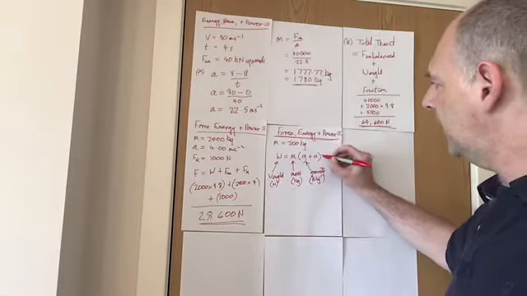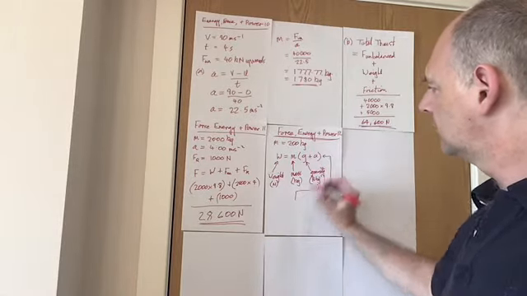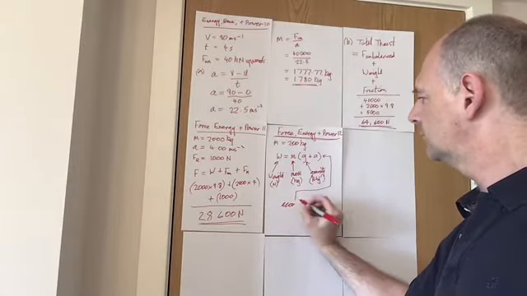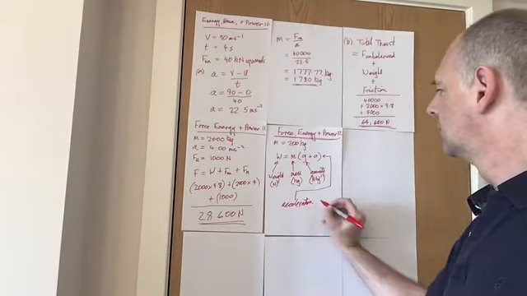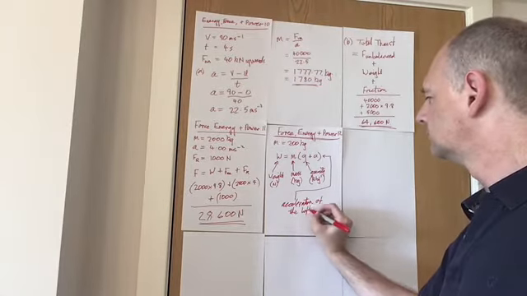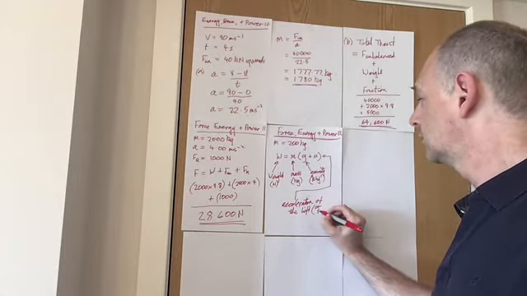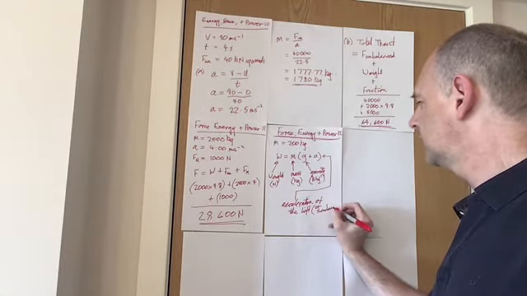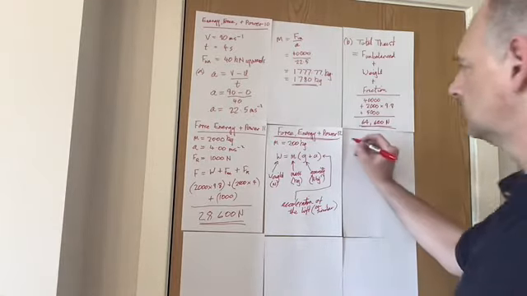And then we've got A. A is the acceleration of the lift, or similar, because we can apply this to other situations. So let's have a look at part A.